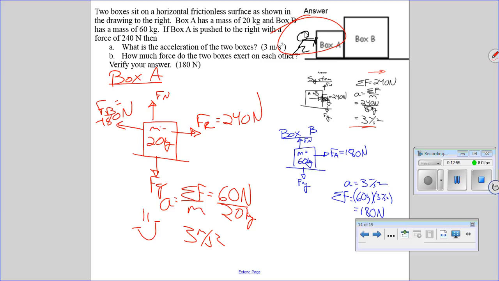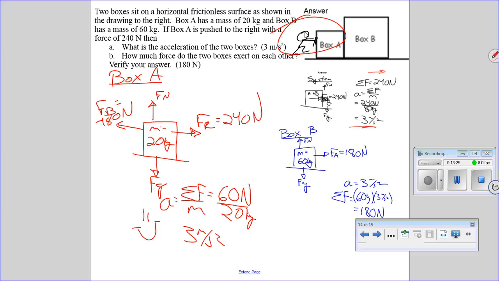Since it's not being pushed with as much total force because of box B, it still has a similar acceleration because it has less mass. Oh, I see. So like smaller net force. Yeah, you're right. So you have less net force.